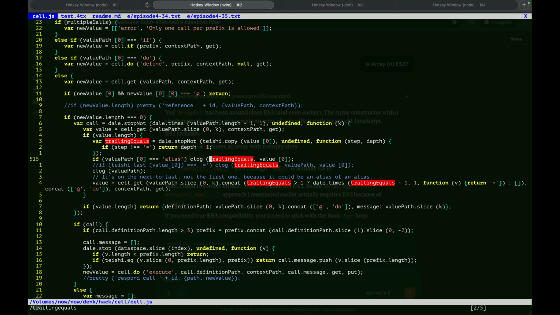I don't know why I broke that. I have no idea. It has to do with the equals, of course.